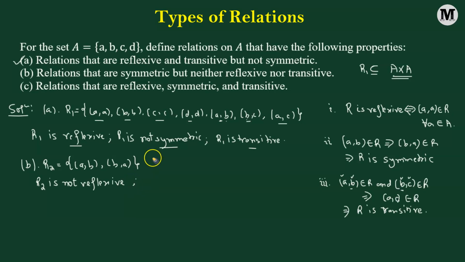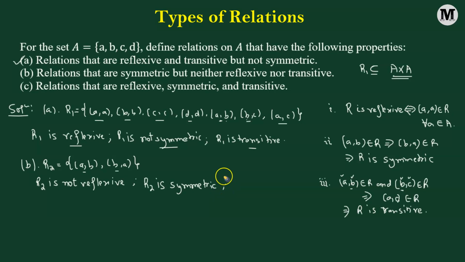Coming to symmetry, let's check whether it is symmetric or not. Yes, if we consider the ordered pair A comma B, then B comma A is present. Or if we pick up the ordered pair B comma A, then interchanging the elements gives us A comma B, which is present in the relation. We only have to pick up one ordered pair to check for symmetry. Any one ordered pair that we pick gives us the other ordered pair with the elements interchanged. So R2 is symmetric. What about its transitivity?